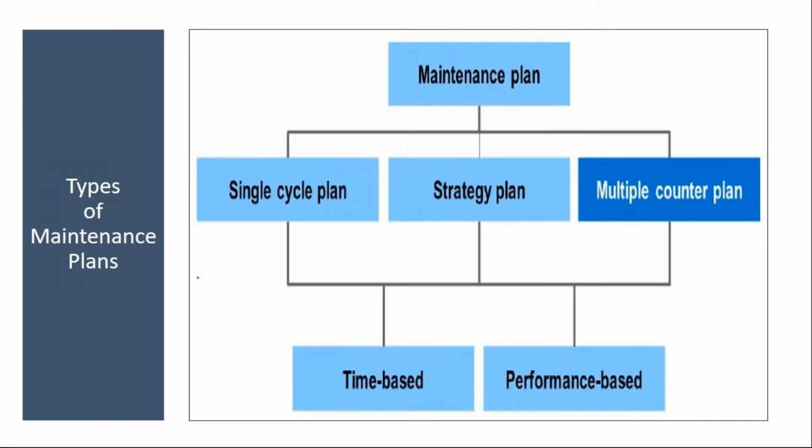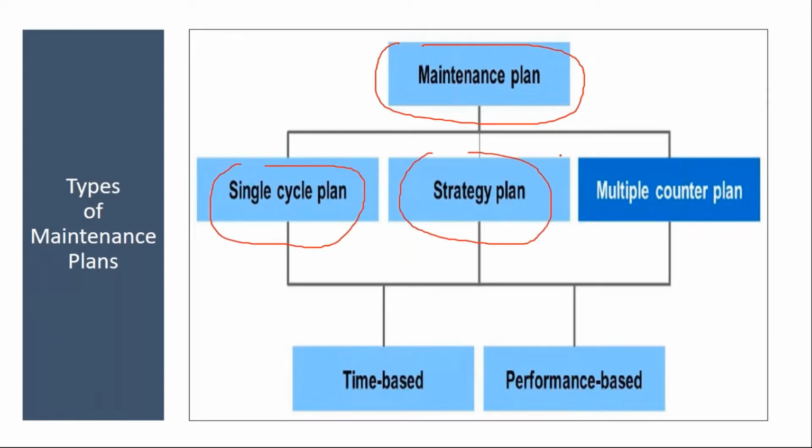The different types of maintenance plans are these ones. So the maintenance plans, you have single cycle plan, or strategy plan, or multiple counter plan. Single cycle plan means you have only one cycle. Strategy plan means it will have multiple cycles, the one which we discussed during our maintenance strategy class. And multiple counter plan means you do the preventive maintenance considering multiple counters.